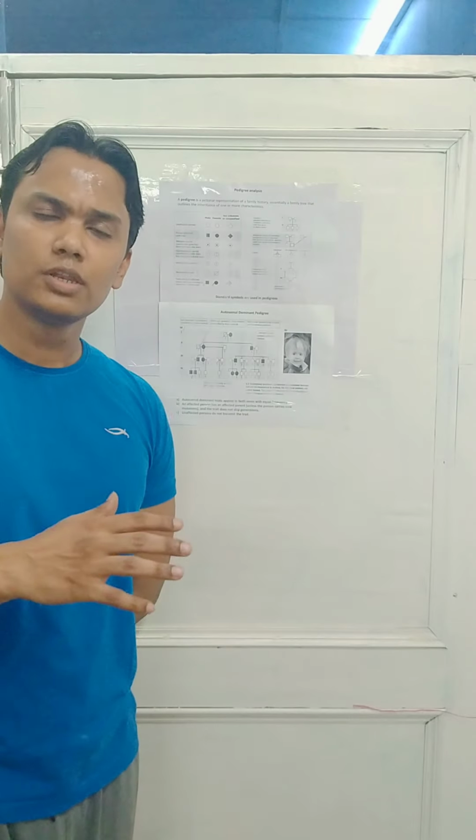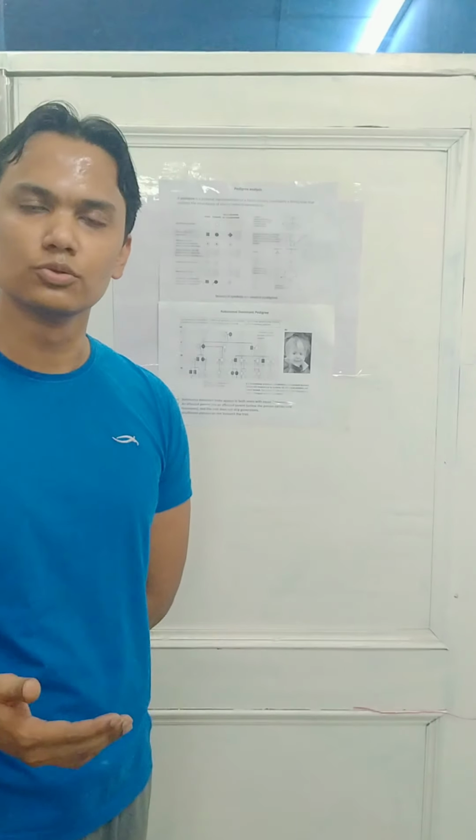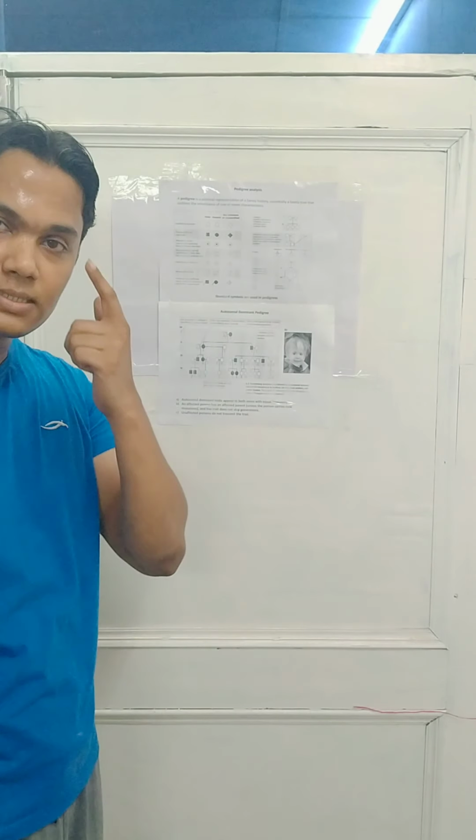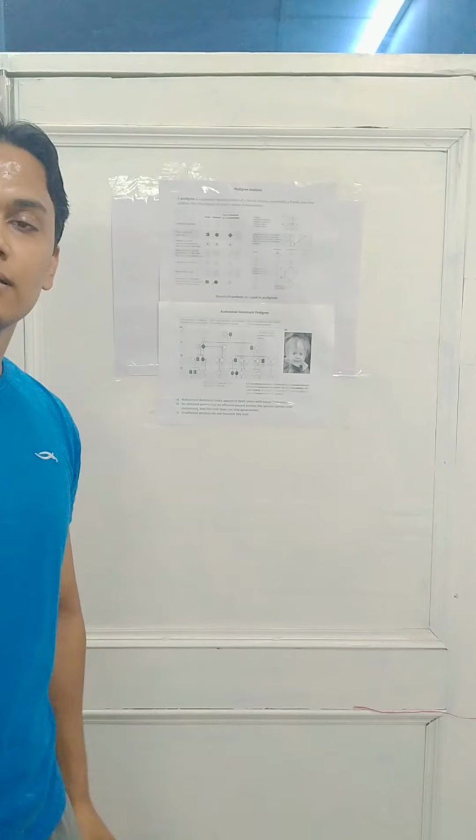Now, to understand pedigree, we need to learn certain symbols which are commonly used in a pedigree tree. How is a male represented in a pedigree analysis? How is a female represented? If you see on this chart, on the left-hand side, the first symbol is an empty square.